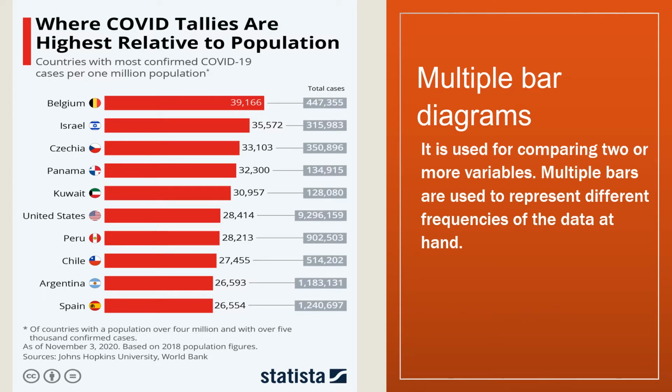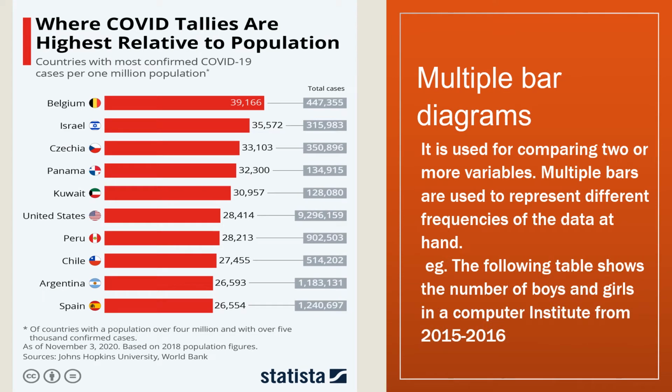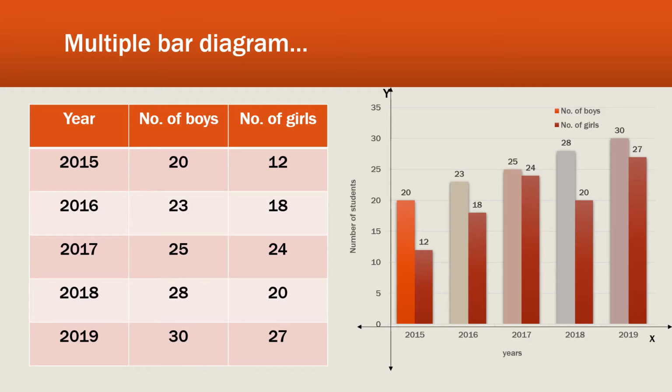Now, what I'd like to do is take a table where we have the number of boys and girls in a computer institute from 2015 to 19. So here it is. Now, how do we represent this data in the form of a multiple bar diagram?